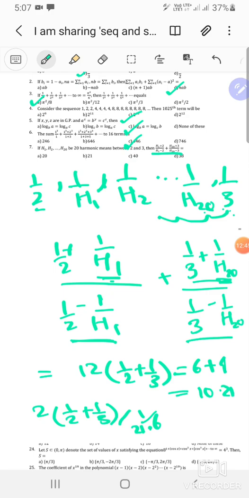Fine. So because these are in an AP, 1 by h1 plus 1 by h20, that is the same thing as 1 by 2 plus 1 by 3. So you got 2 times of that, and the denominator is also the same, right? So 1 by 2 minus 1 upon h1. Where am I going wrong? I think maybe the difference part is where I could be going wrong.